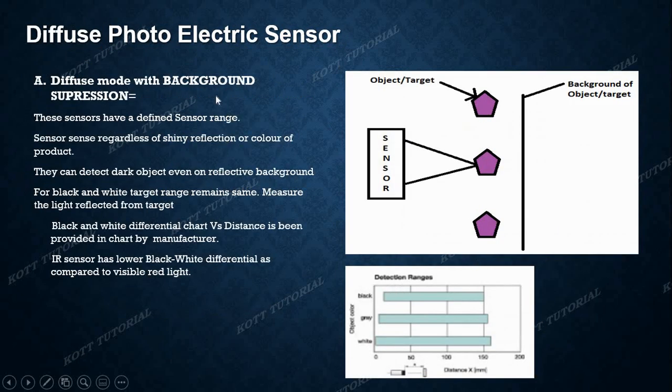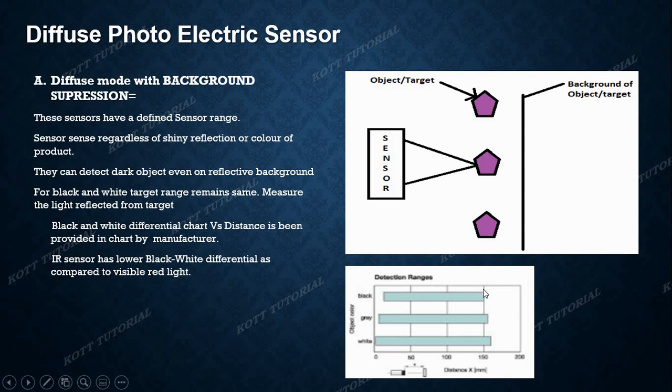But in this background suppression diffuse photoelectric sensor, we can find that for black color, white color and gray color, there is not much difference in the detection range. There is only a very minor difference. So this type of sensor we can successfully use if I have a multicolor product.